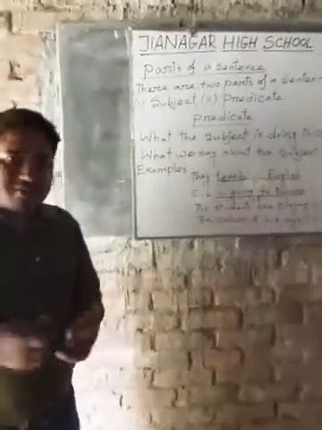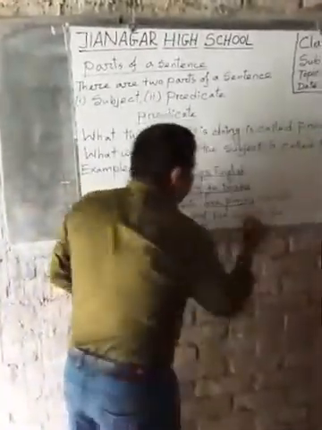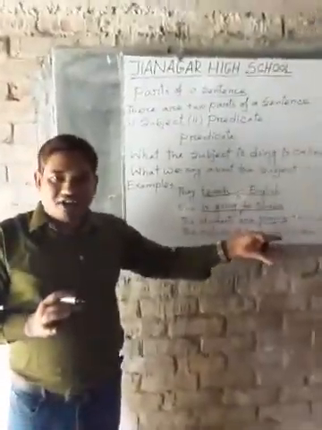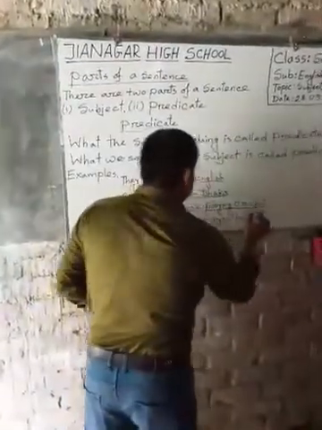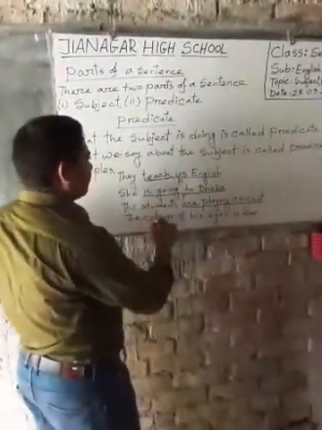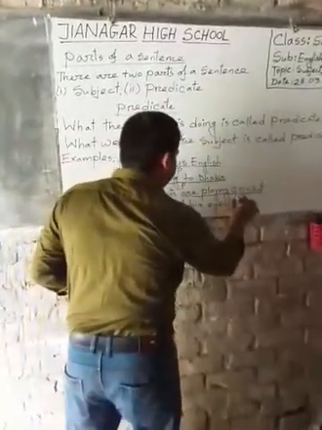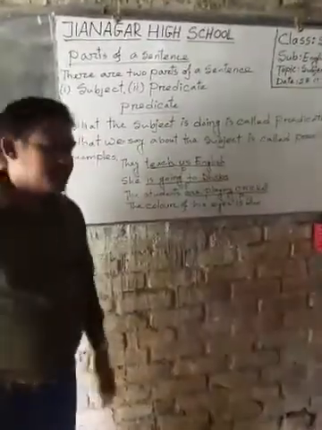Here are playing is verb. And from this verb up to the last word is called predicate. The students are playing cricket. This is predicate.